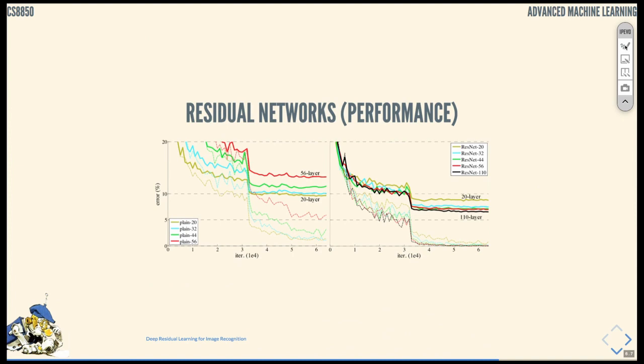The results. It turned out ResNet kept learning and improving with depth. The solid line here is ResNet, this is the plain network. They're all CNN convolution.